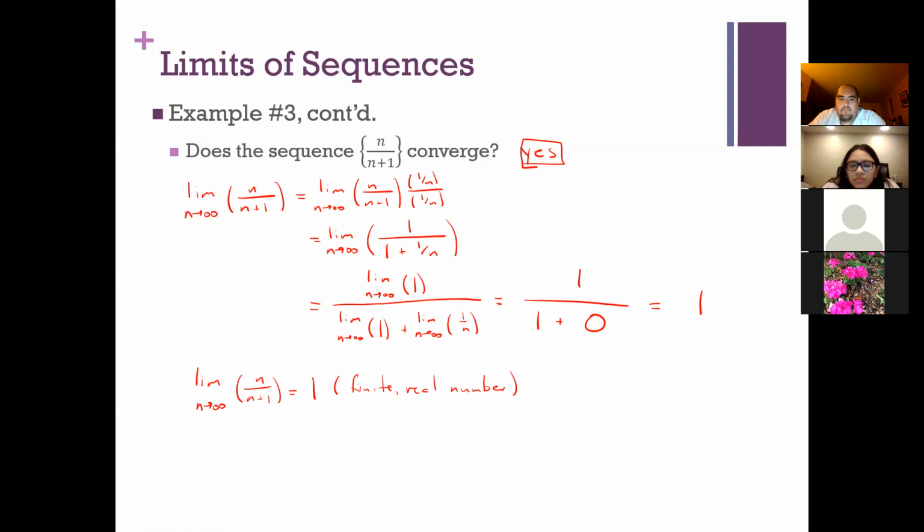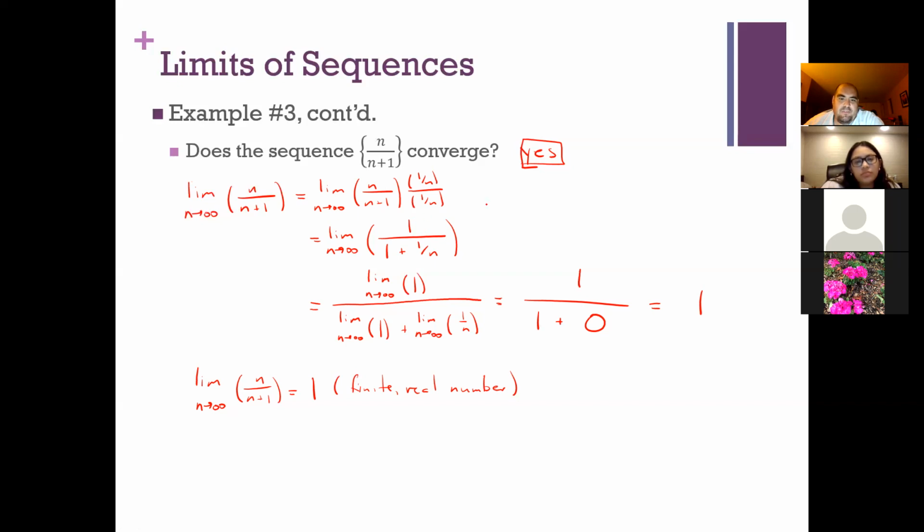For the first part, I'm kind of confused on how come you multiplied it by 1 over n over 1 over n. This is a pretty common technique, and you're probably seeing it for the first time here. What I'm doing is trying to force these limits to exist.